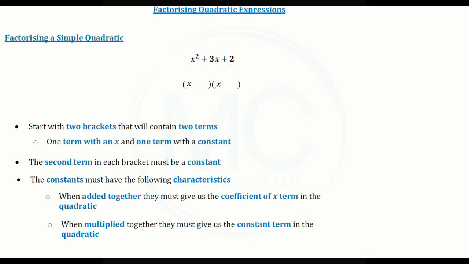That is our c term over here. 2 only has two factors, 1 and 2. 1 multiplied by 2 gives us 2. 1 plus 2 gives us 3, which is the coefficient of the x term here. So we can see the constants in the brackets will be 1 and 2, and our brackets will look like this.